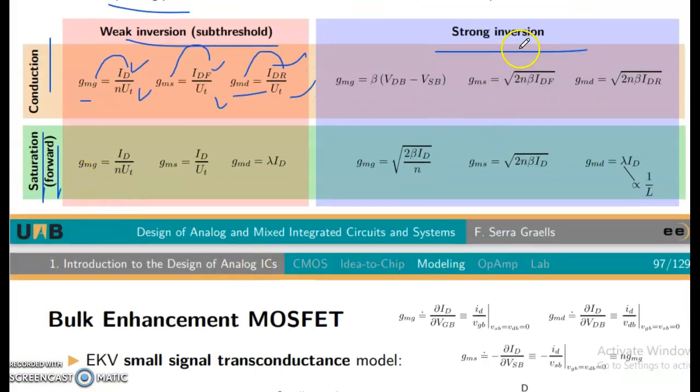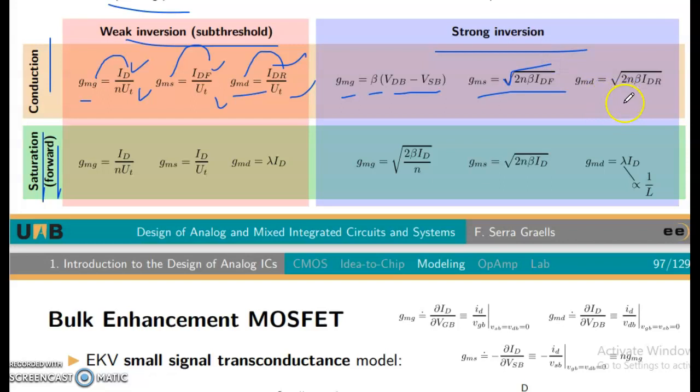Here in strong inversion, what will happen? In GMG, beta times (VDB minus VSB). GMS is 2n beta square root of IDF.